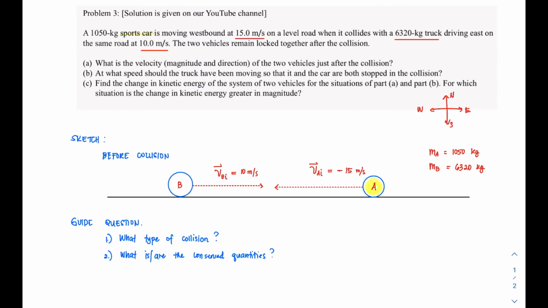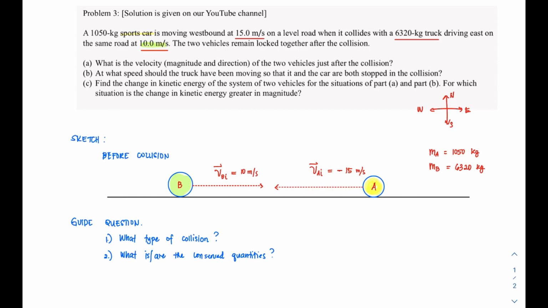Now, the one that I denoted as B is the 6,320 kilogram truck moving eastward at 10 meters per second.